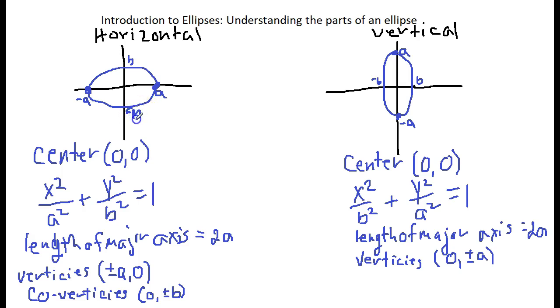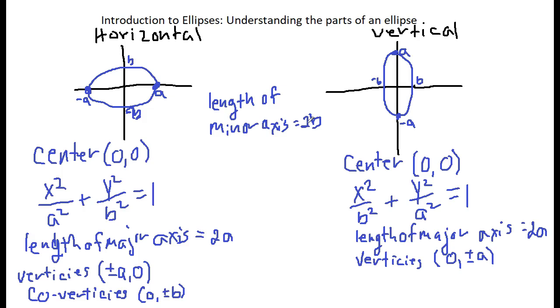Okay? So, for both, the length of the minor axis equals 2 times b. So if you know the length of a major axis, you can find a by taking the major axis divided by 2. And if you know the length of the minor axis, you can find b by taking the minor axis length divided by 2.